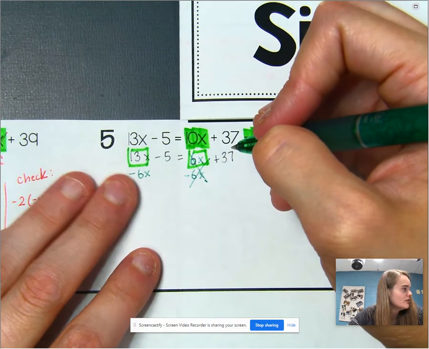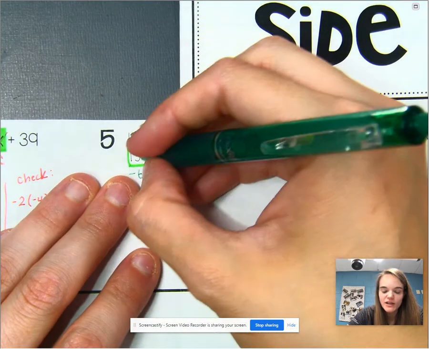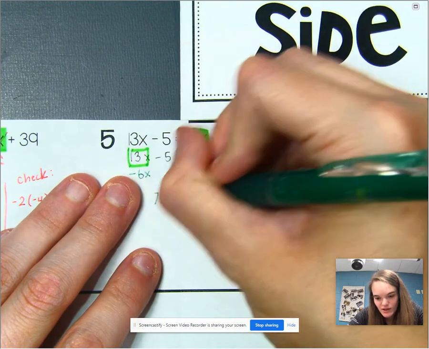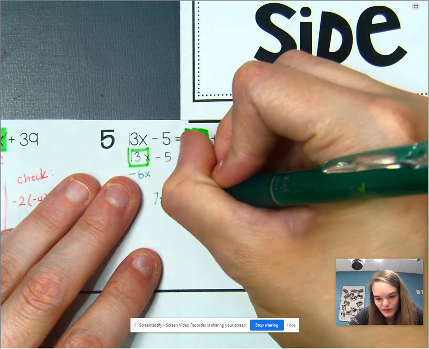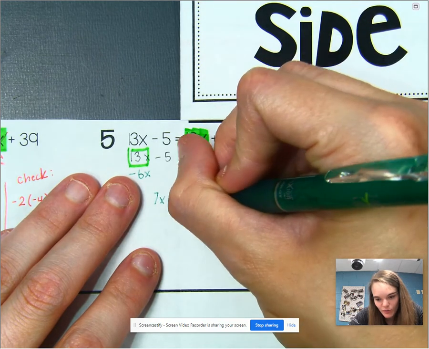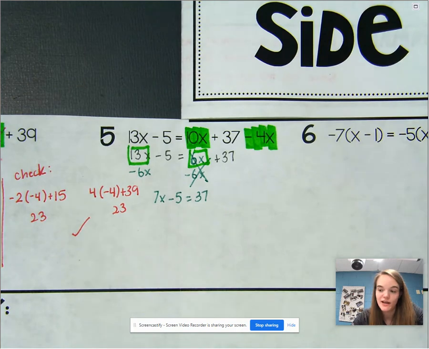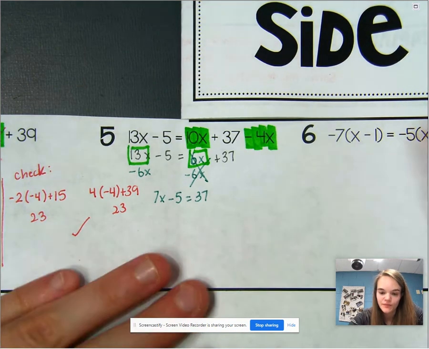And this is kind of in the way for this one. Okay, 13x minus 6x is 7x. Minus 5, I'm bringing that down, equals 37. I brought that down as well. Again, it is now a two-step equation.